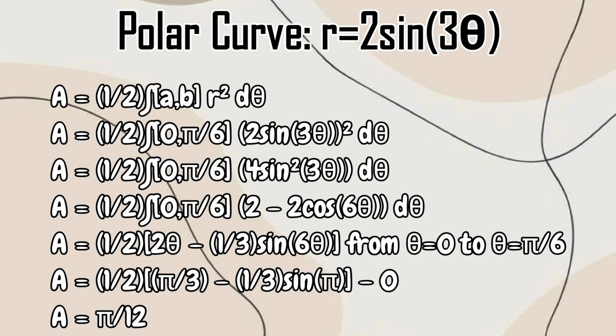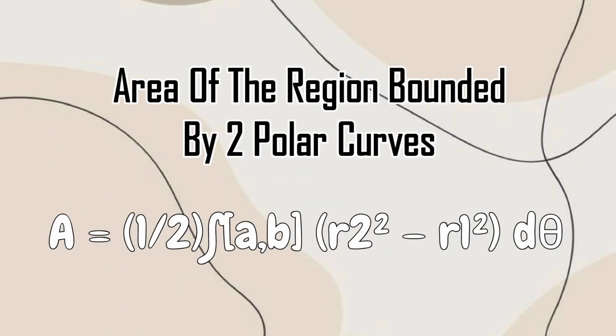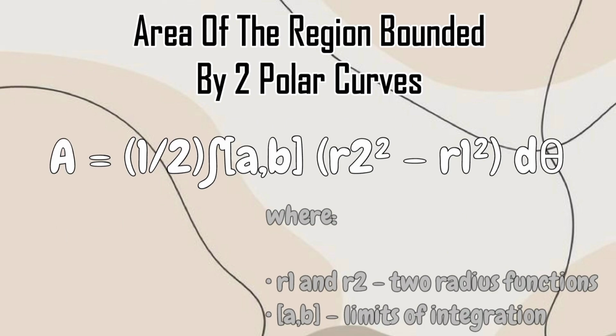And moving on, to find the area of a region bounded by two polar curves, you need to use integration as well. So this is the formula for finding the area of a region bounded by two polar curves, where r sub 1 and r sub 2 are two radius functions that bound the region between them.